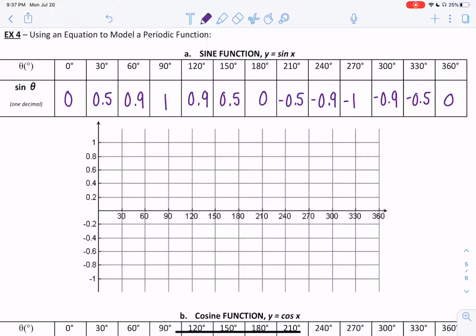When you put all of those in your calculator, this is what you're going to get. Now let's graph it.